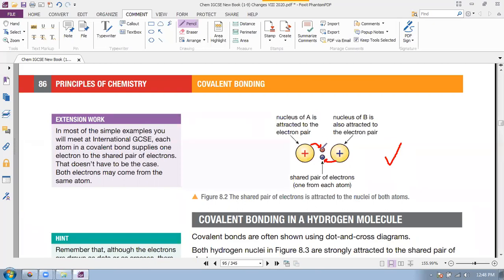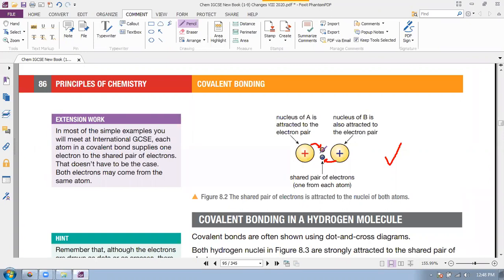But they are sharing in a way that this left side atom is thinking that these twos are now my electrons, and this atom is thinking that these two electrons are now my electrons. So it is called sharing the electron pairs. Both share their outer shell electrons and both become full outer shell, both obtain the configuration of full outer shell of electrons.